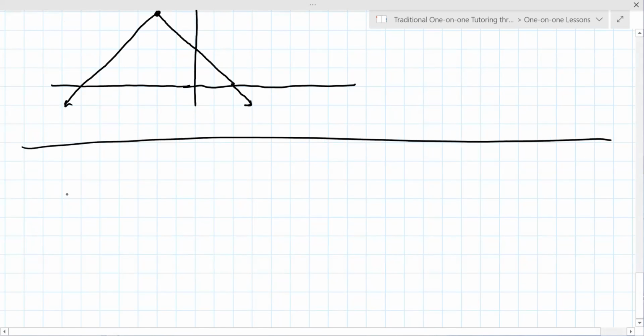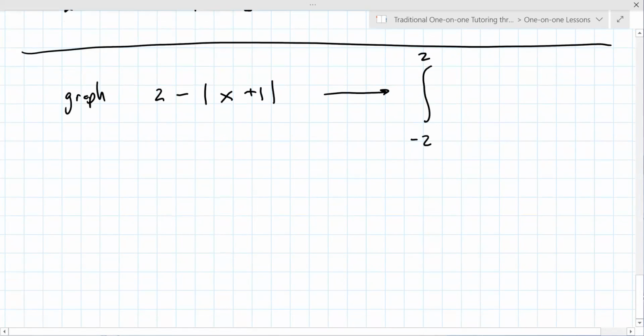Let's do one more here. Let's have you graph 2 minus absolute value x plus 1. And then from here, we're going to find the integral from negative 2 to 2, I think. Okay. Let's just graph it first. If you need to, you can always rewrite it as negative absolute value x plus 1 plus 2, and that has a vertex point at negative 1, 2.